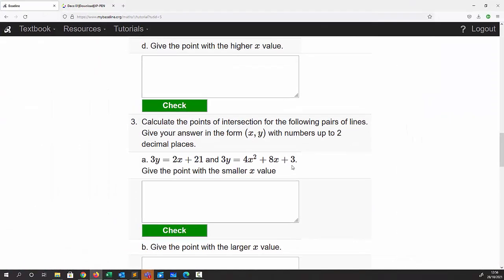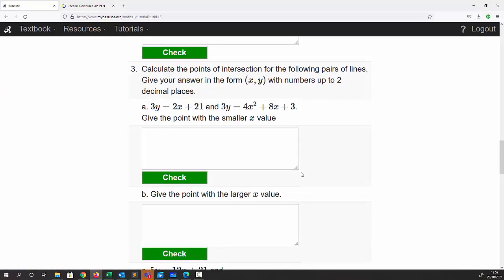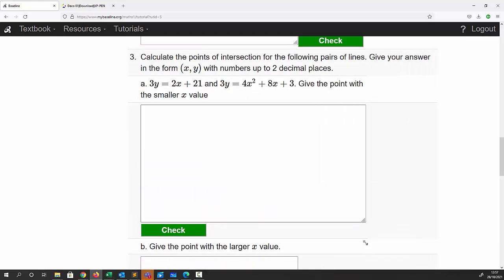Why don't I go straight into here? So I'm going to make that bigger because I need a bit of space. So, intersection between, and then I'm going to copy those like so.